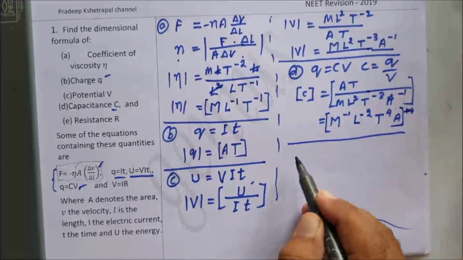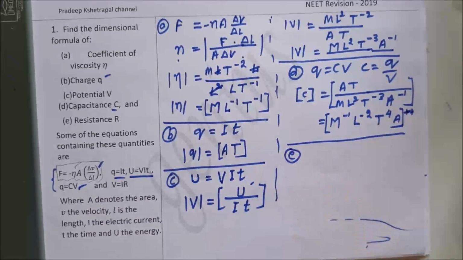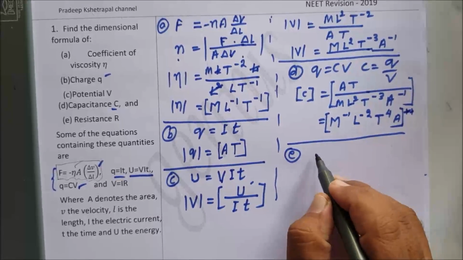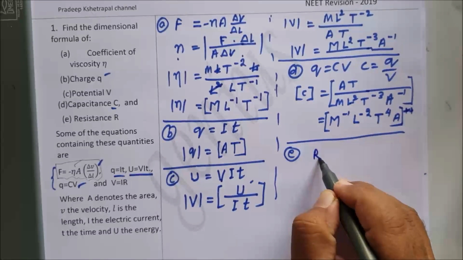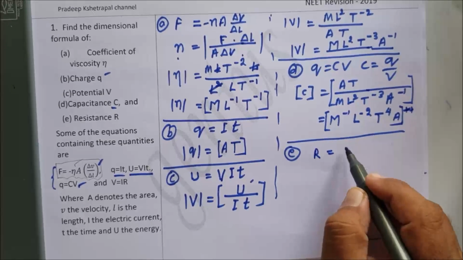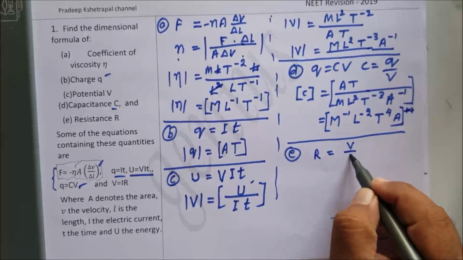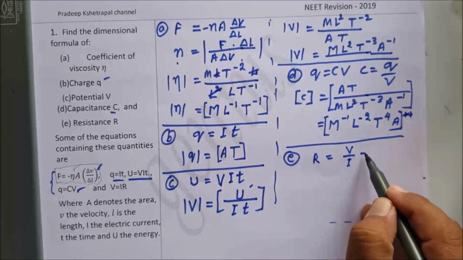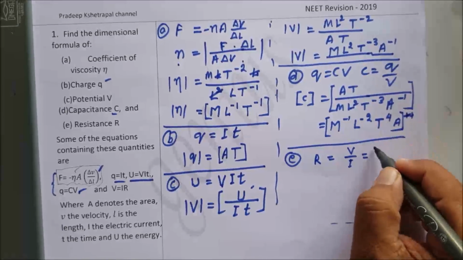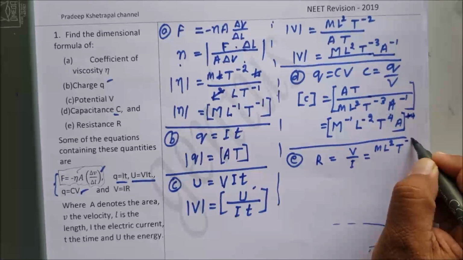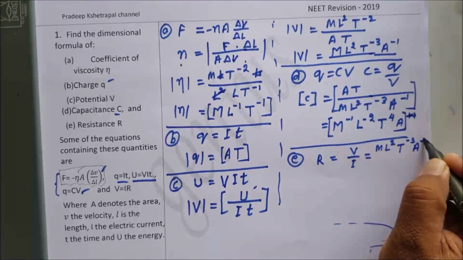And now we go for answer E. This is resistance R, and resistance R is equal to V upon I. Now we have the dimensions. V has the dimensions M, L2, T minus 3 and A minus 1.